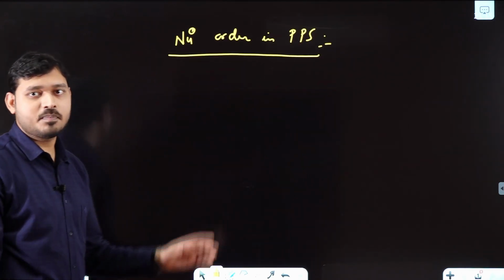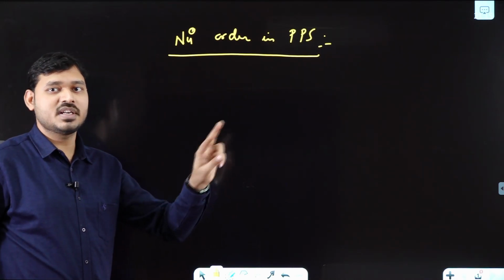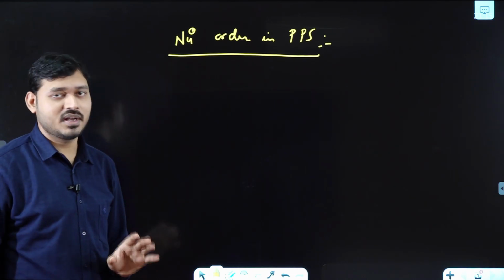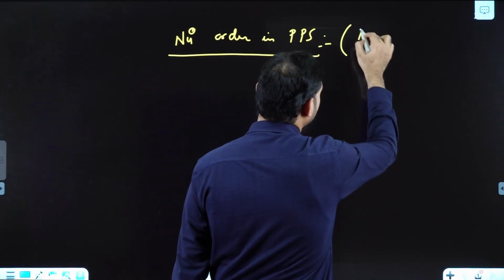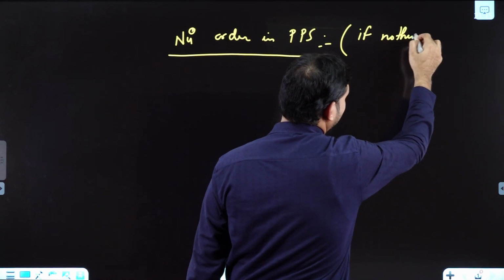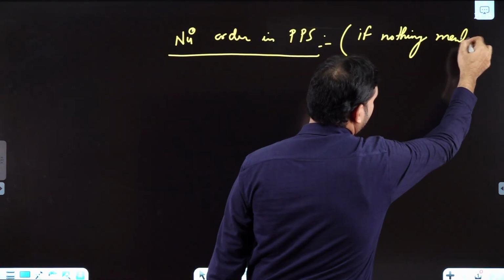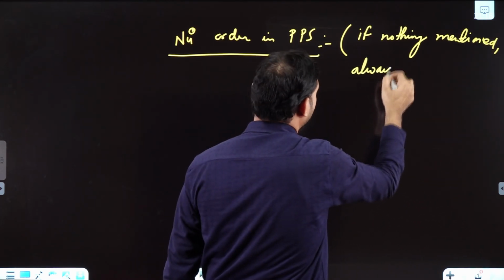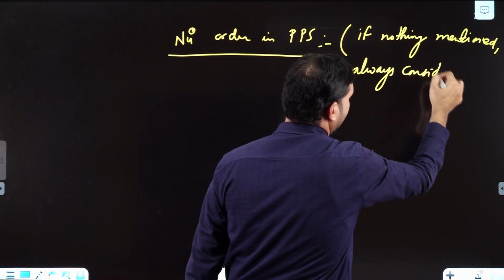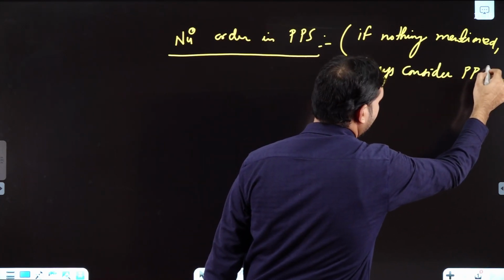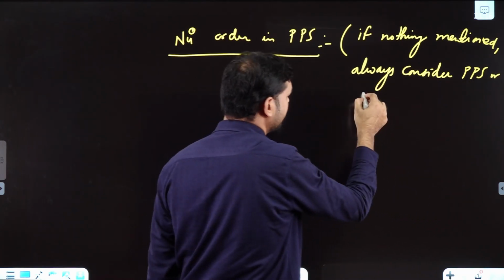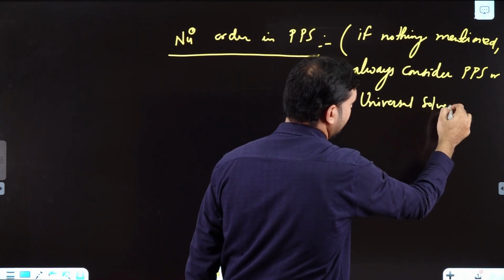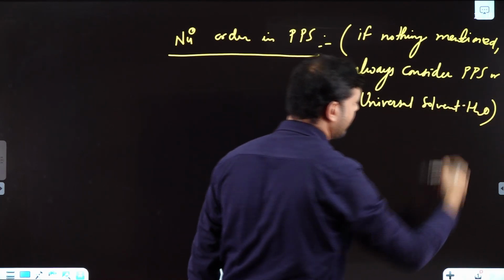I told you in polar aprotic solvent, nucleophilicity and basicity go side by side, same order. Now in polar protic solvent, as I told you, if nothing is mentioned, always consider polar protic solvent or universal solvent, water.